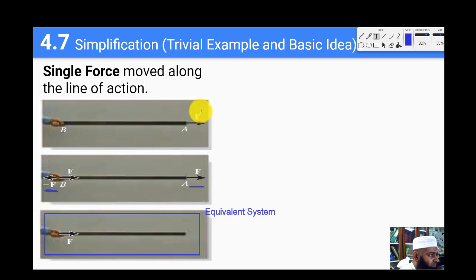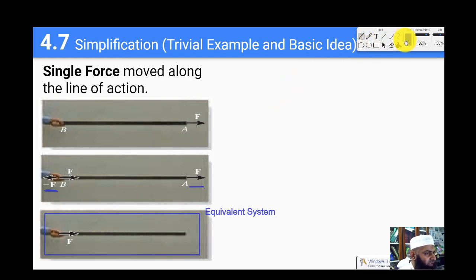Okay, so this is when we want to move a force along the line of action of the force. So the basic take home message from this example is that anytime we move a force along the line of action of that force, the force can be moved along and we do not get any other forces or moments.